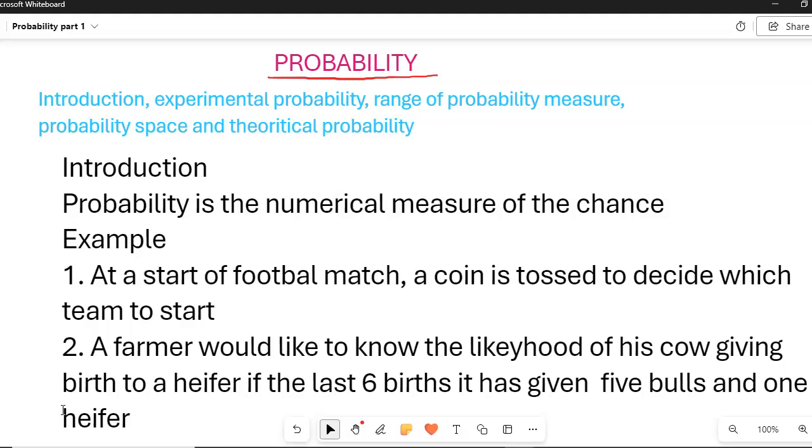If this farmer wants to know what the 7th birth is going to be, he will require probability and knowledge so that he can determine the chance of having either a bull or a heifer in the 7th birth.